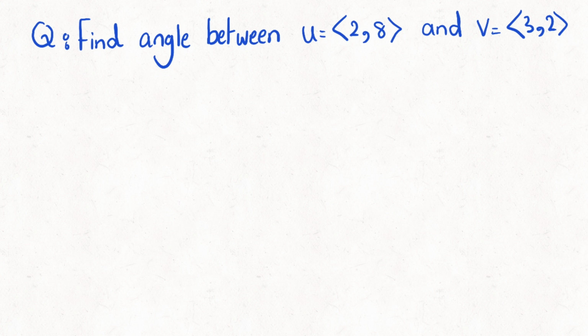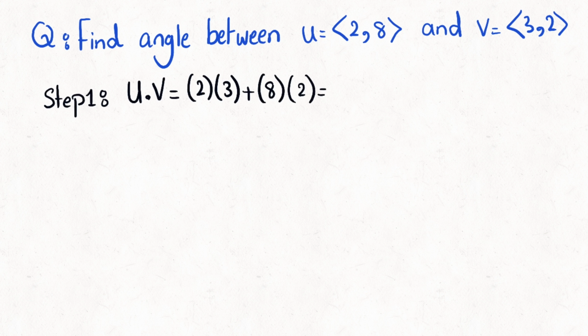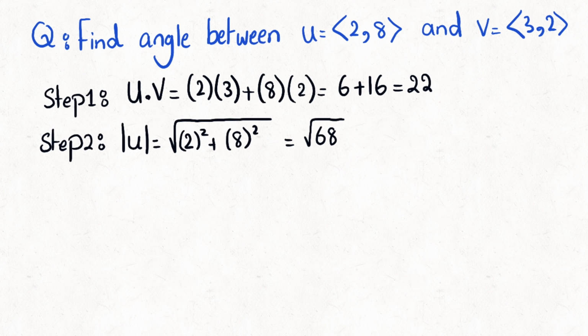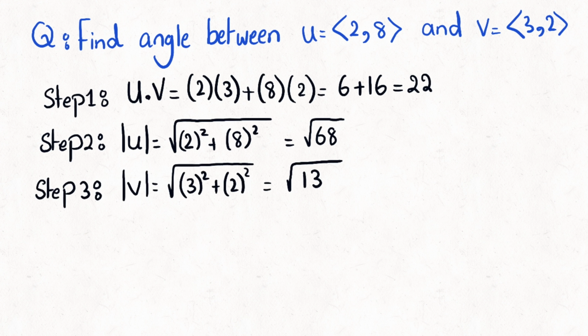Now, the first step, we will find the dot product between u and v, which is u dot v equals 2 times 3 plus 8 times 2, equal to 22. Now, the second step, we will find the magnitude of u, which is the square root of 2 square plus 8 square. Third step, we will find the magnitude of v, which is the square root of 3 square plus 2 square.